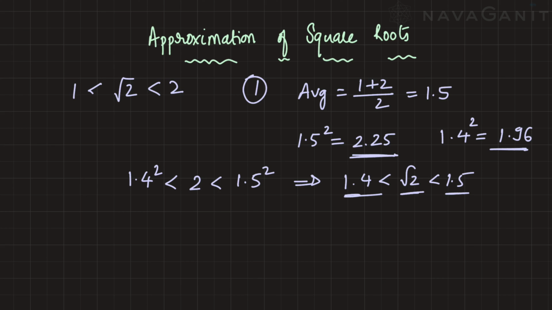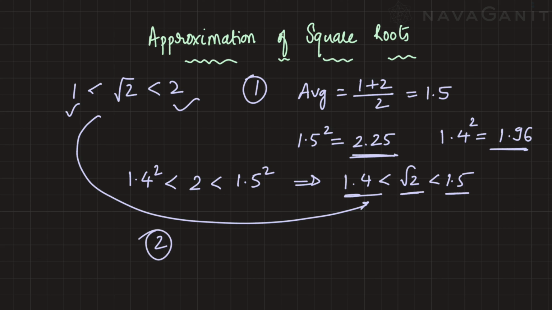Initially we were saying that it is between 1 and 2. Now we are able to come a bit closer and say that it is lying between 1.4 and 1.5. Now can we narrow it further? Say let us check with 1.41. If we take the square of 1.41, this is 1.9881, which is still lesser than 2. But what if we take 1.42 squared?